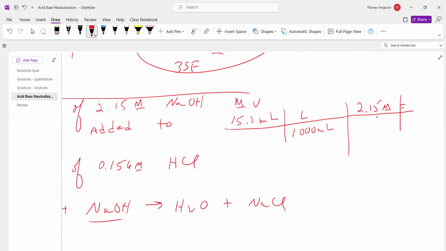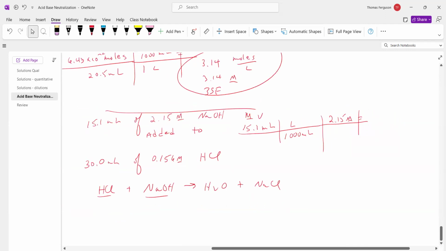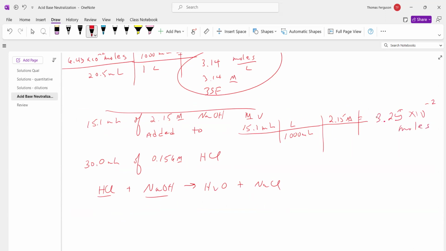So it's how many moles that is. Same calculation for the acid.